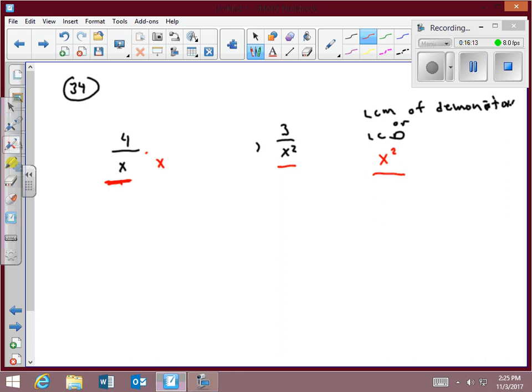Now, in order to not change the fraction, you've got to go x over x, right? Because x over x is 1, isn't it? That does not change the fraction, but it gets you to a squared term in the denominator. So this fraction now, 4x over x squared, is equivalent to the original number right here, but it'll have the same denominator as this one.